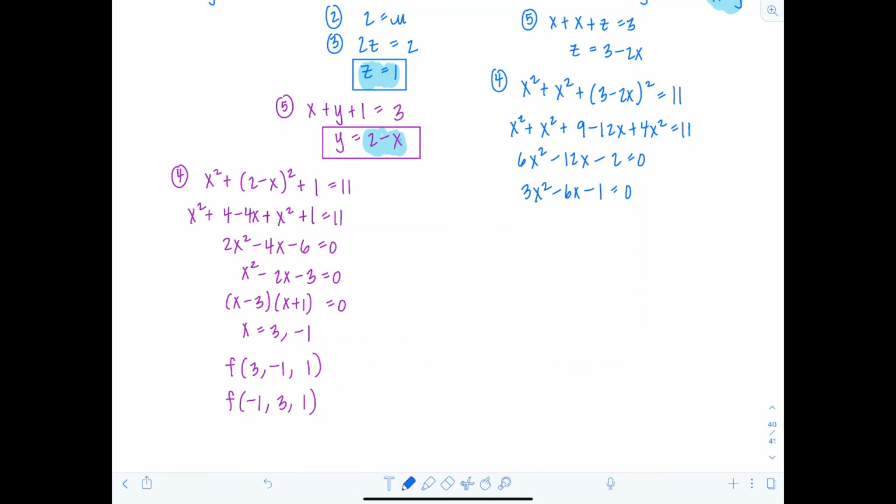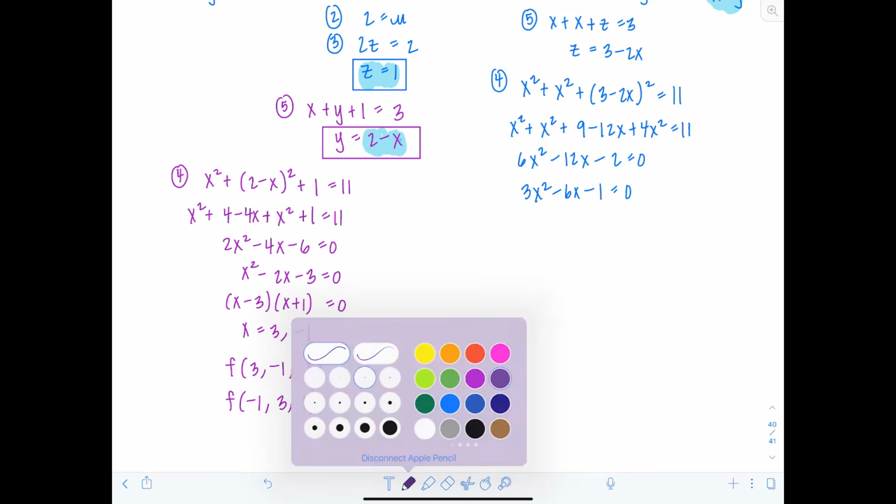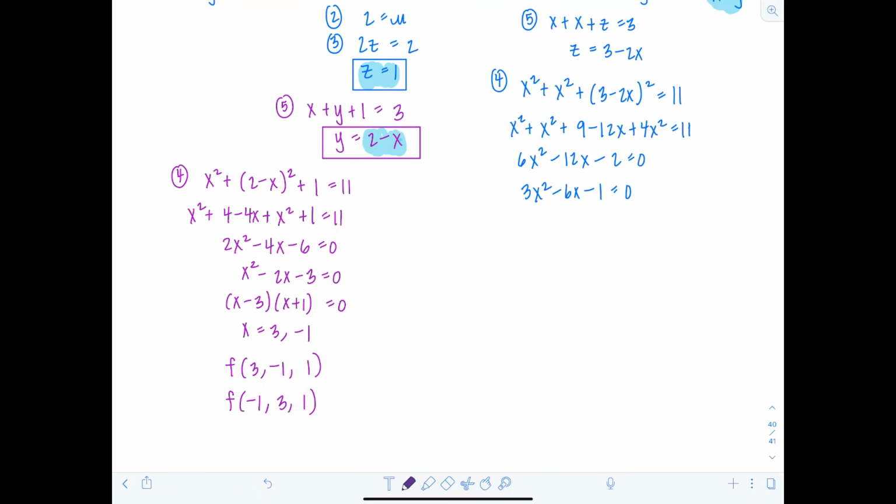And this does not factor, so it's time to bust out the quadratic formula. Did you forget it? Has it been so long? I hope not. I have a video actually on the quadratic formula if you need a refresher. Okay, so x is going to be positive 6 plus or minus the square root of 36 minus 4 times 3 times negative 1, all over 6.